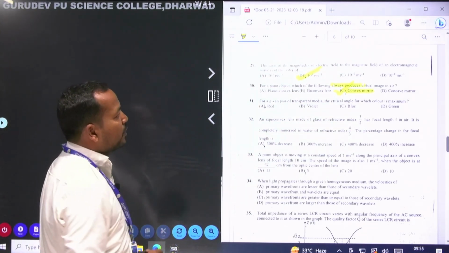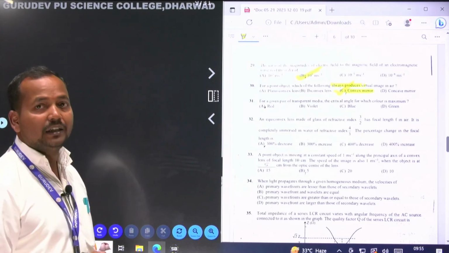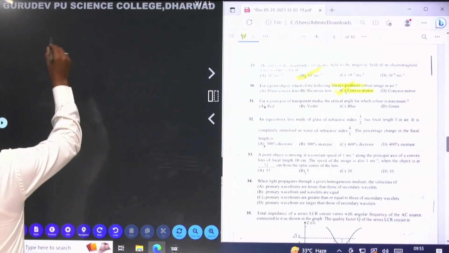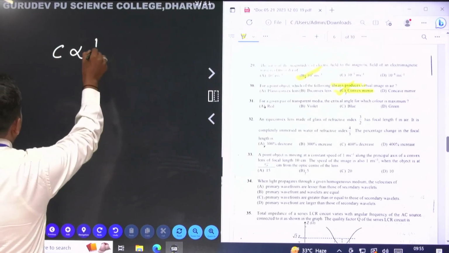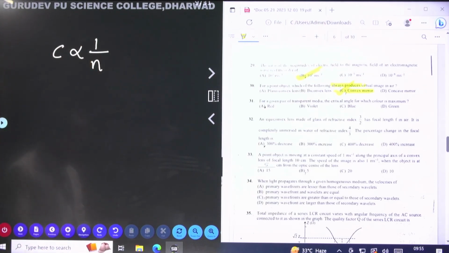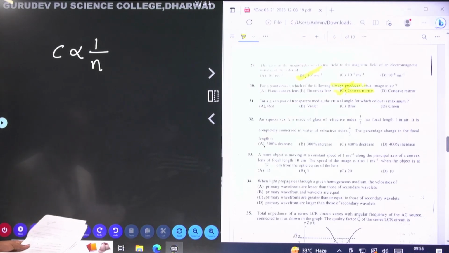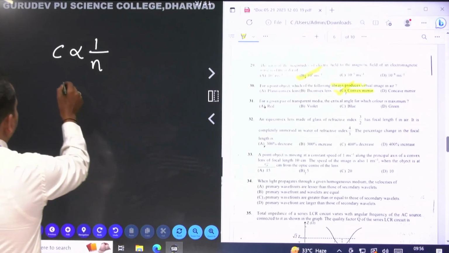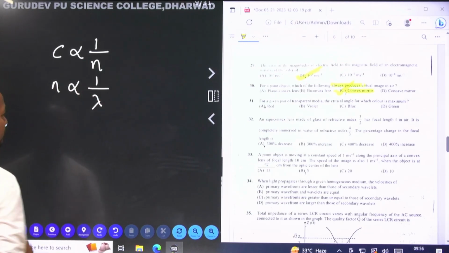Now 31, for a given pair of transparent media, the critical angle for which color is maximum, right? So we have a formula that critical angle C is inversely proportional to refractive index, and refractive index is inversely proportional to wavelength. Correct?